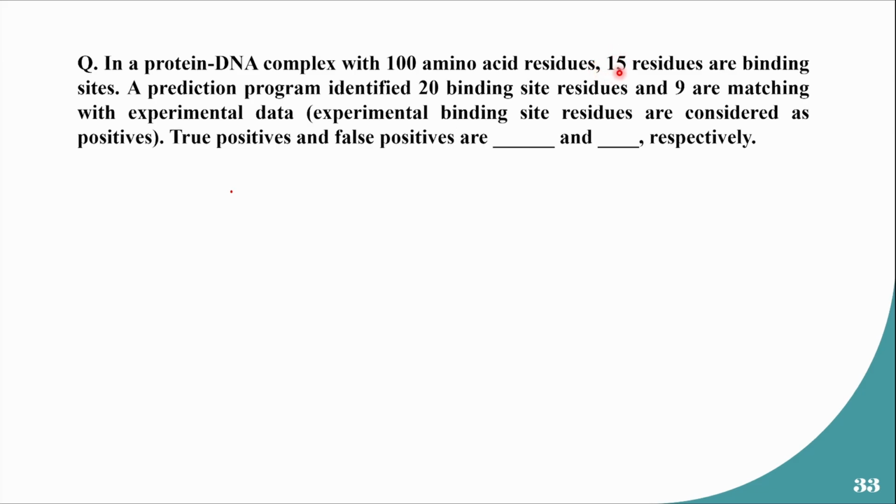So it was actually 15 residues, but the prediction program has identified 20 residues as being part of the binding site. And only 9 of these 20 predicted residues match the experimental data. The experimental data is what we have to consider as the ultimate truth here, right? So the experimental binding site residues are considered as positives, essentially. So from that, what would we say about the true positives and false positives? How many true positives were in this prediction and how many false positives?